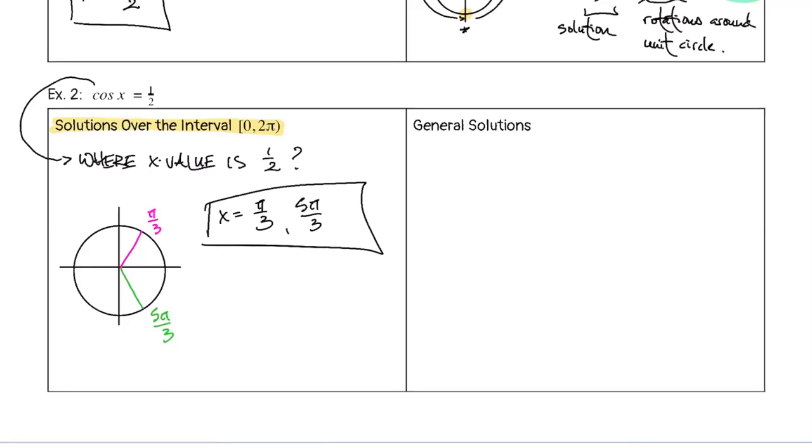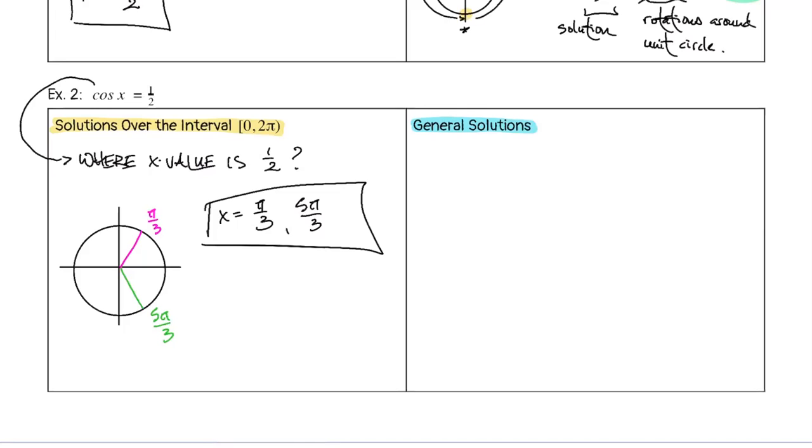And that's very similar to what we learned in the very first unit when we were just learning how to find the unit circle values. So if we think about the general solutions, now we need to think about how I incorporate this idea of multiple times around the unit circle for the solutions.